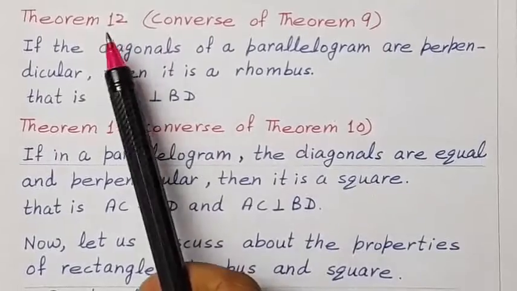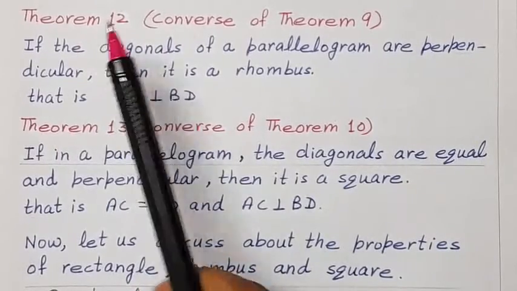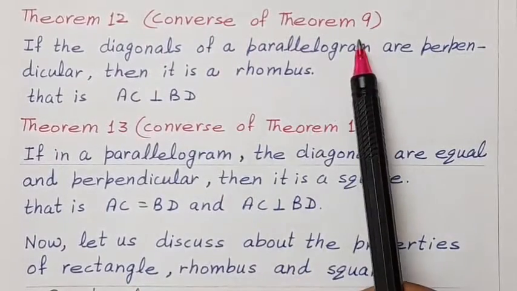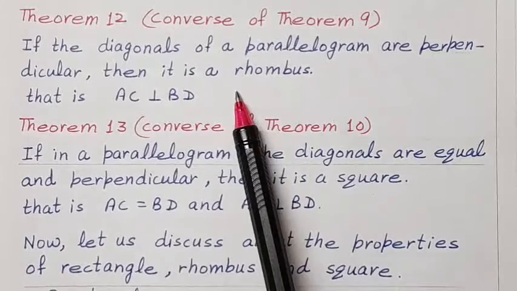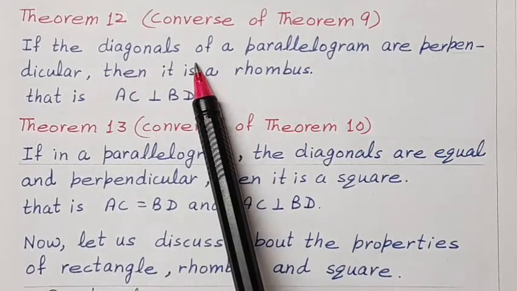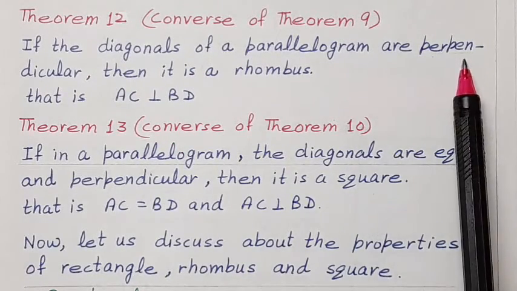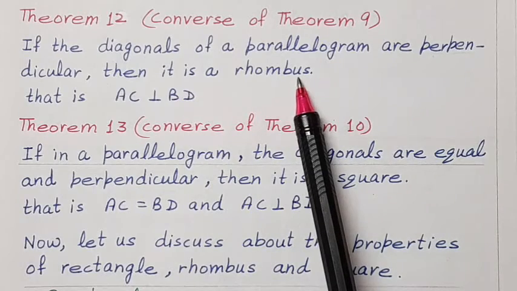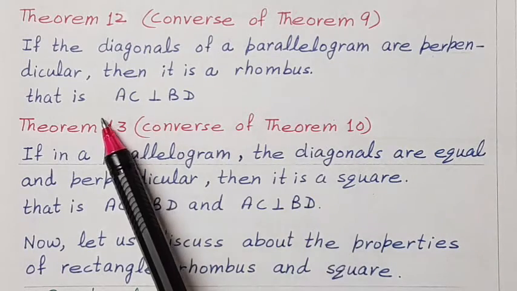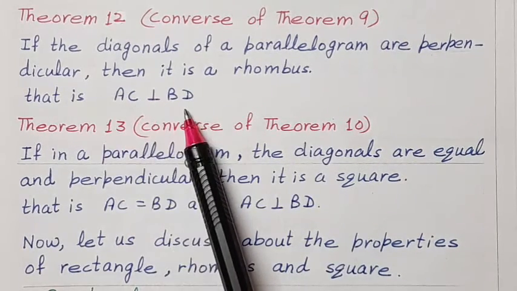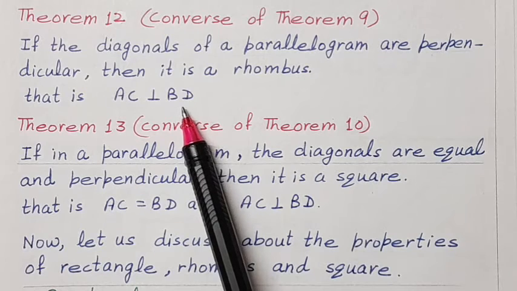Now the next theorem, number 12, is the converse of theorem number 9. That is, if the diagonals of a parallelogram are perpendicular, then it is a rhombus. That is, AC is perpendicular to BD.